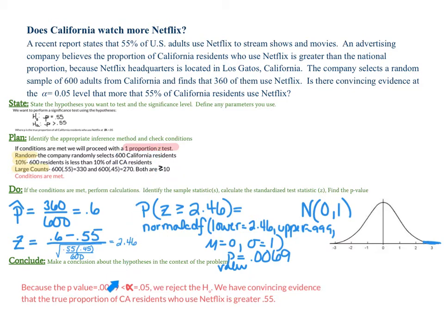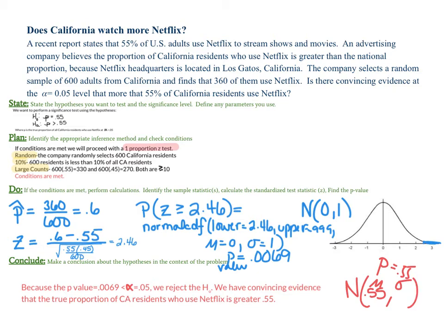Okay, but you could do a normal model where you're using p equals 0.55. And then you would show your normal model with 0.55 for your mean, and you would use your standard deviation of whatever 0.55 times 0.45 divided by 600 was equal to.